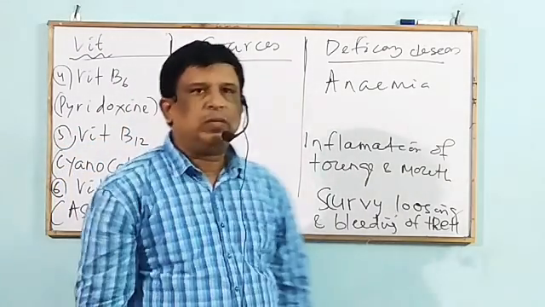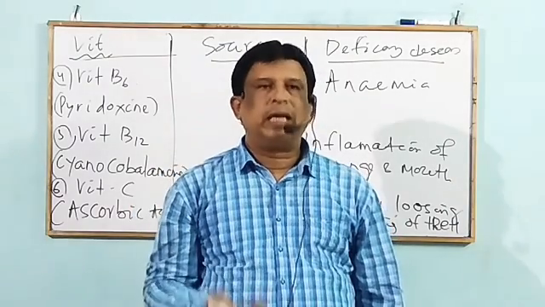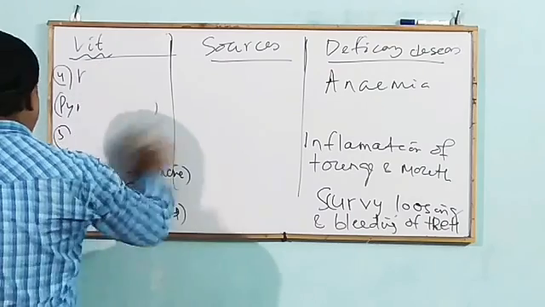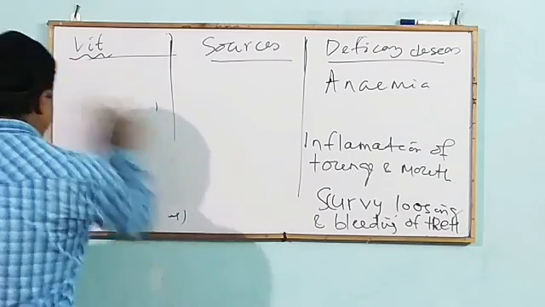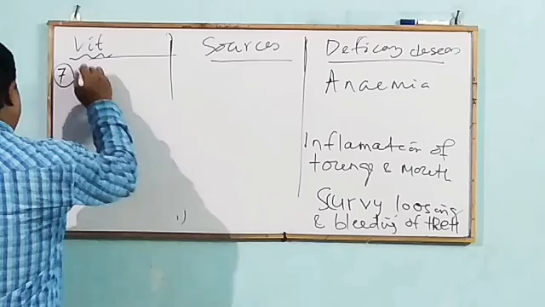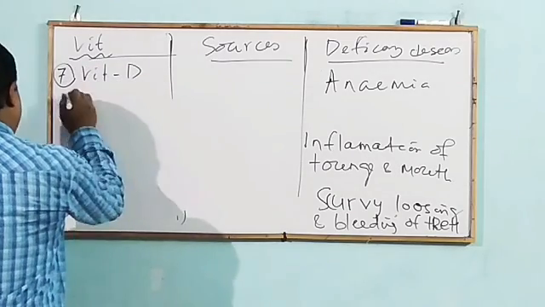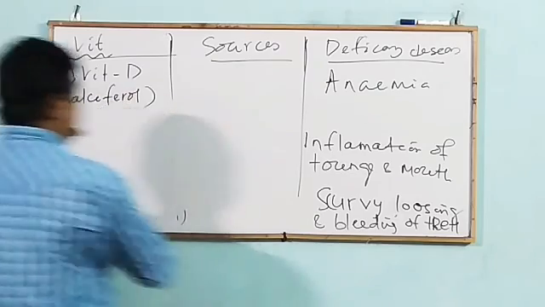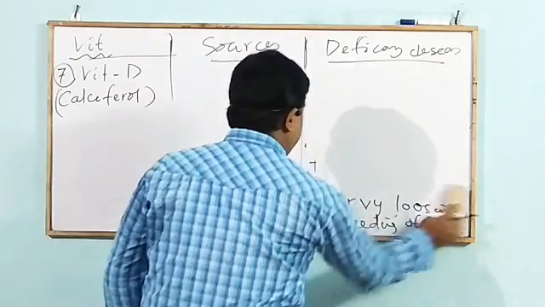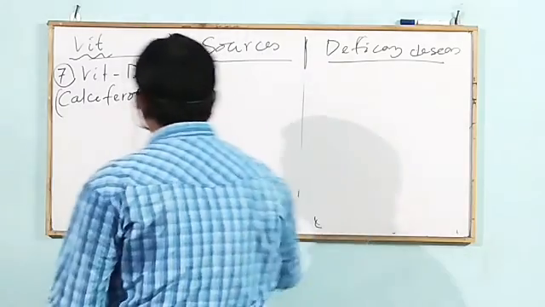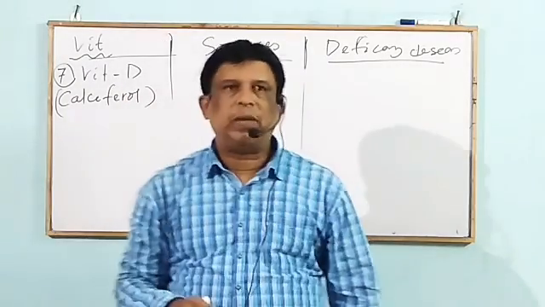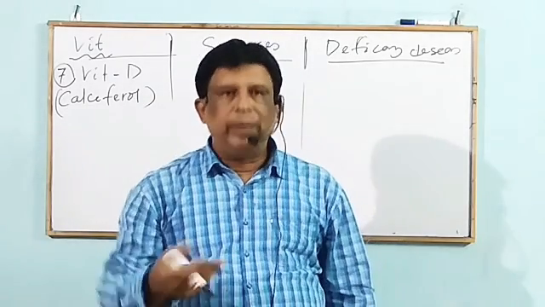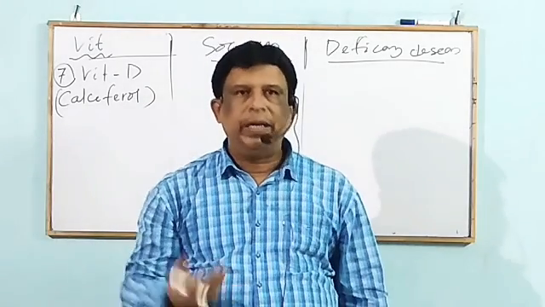Next we move to vitamin D. Its chemical name is calciferol. The sources of vitamin D are fish liver oil, butter, milk, egg, meat.